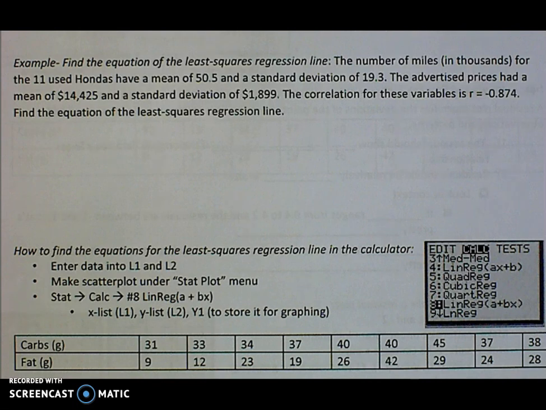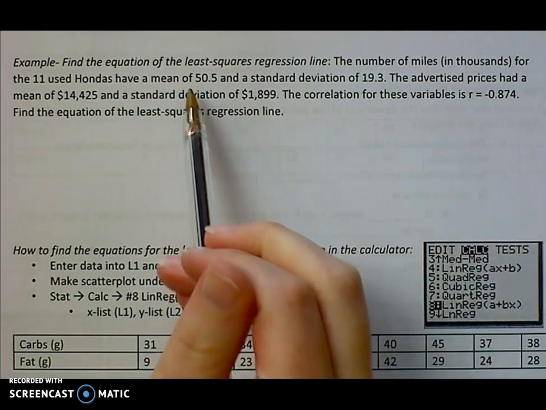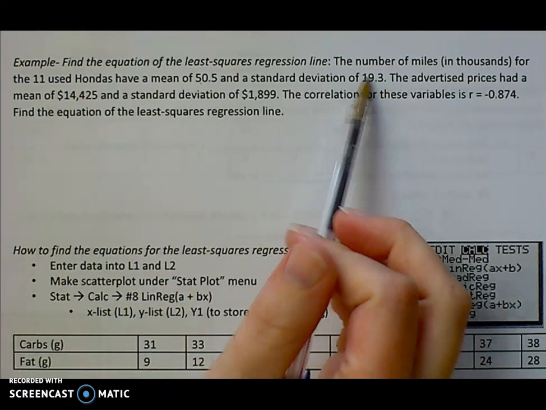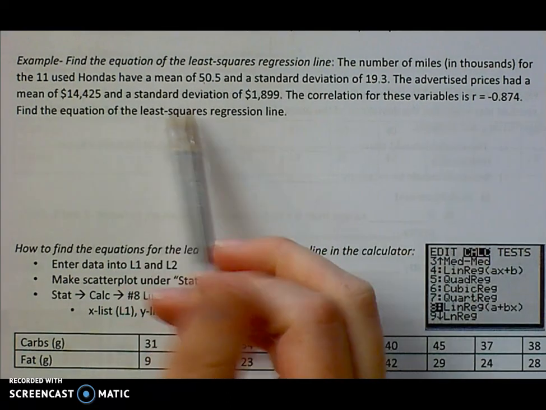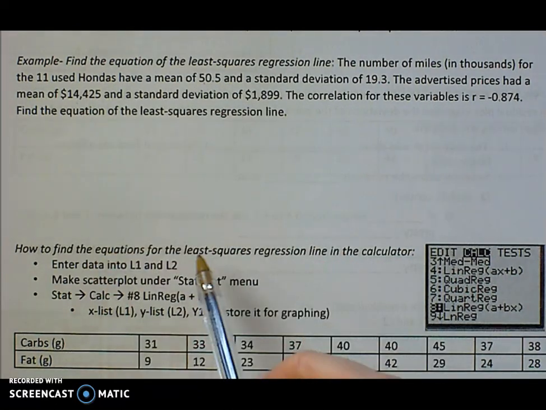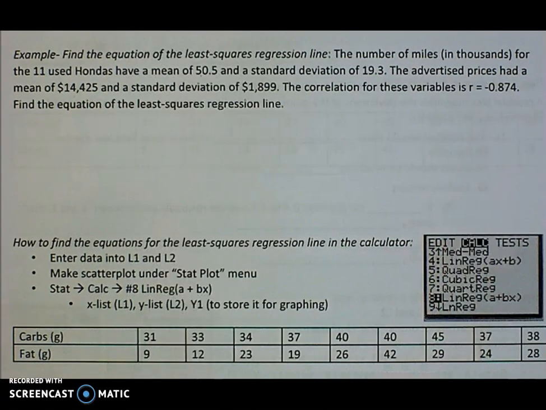The more miles it has on it, the cheaper it's going to be. Find the equation of the least squares regression line. So, they've given me not the raw data, but just some pieces of information: the means and standard deviations of my explanatory and my response variable, and also my correlation coefficient.